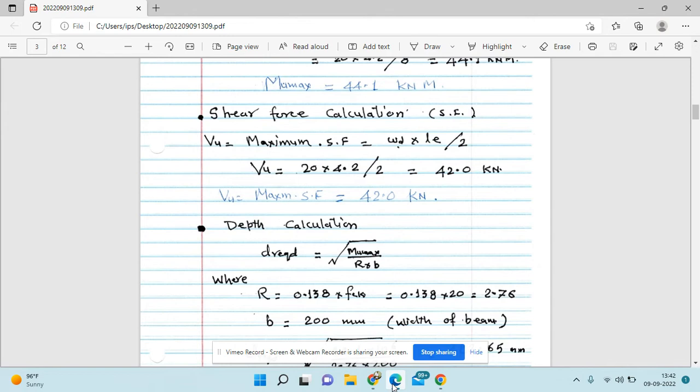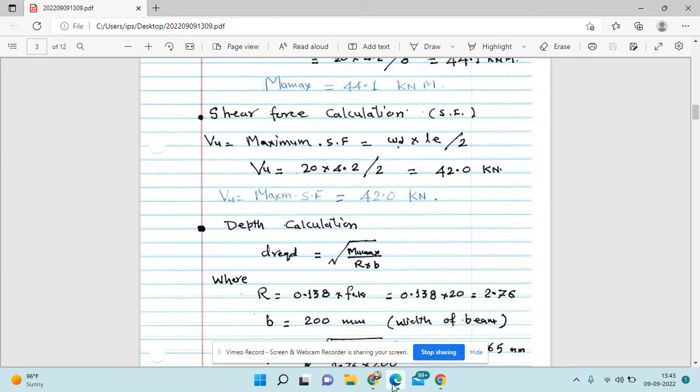WD is 20, LE is 4.2, divided by 2, it comes out to be 42.0. Hence, maximum shear force is 42.0 kilonewton.